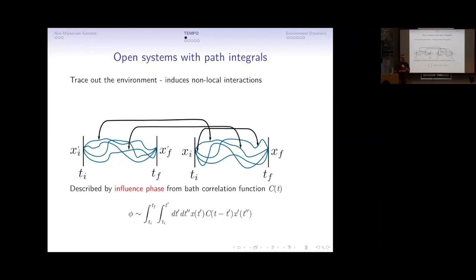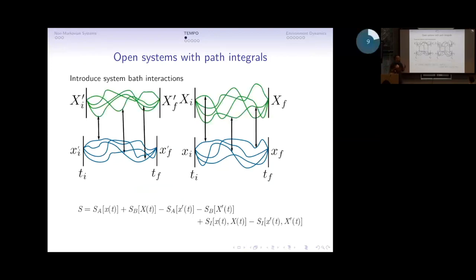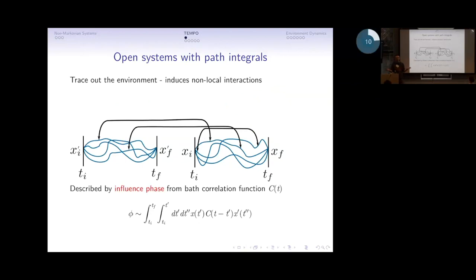And this is exactly the origin of this non-Markovian behavior of the system when I trace out the environment, because what I had before was just time local dynamics of a system plus environment. But when I trace out the environment degrees of freedom and I no longer know what they're doing, then I get these non-Markovian interactions between the forwards and backwards evolution of the system.